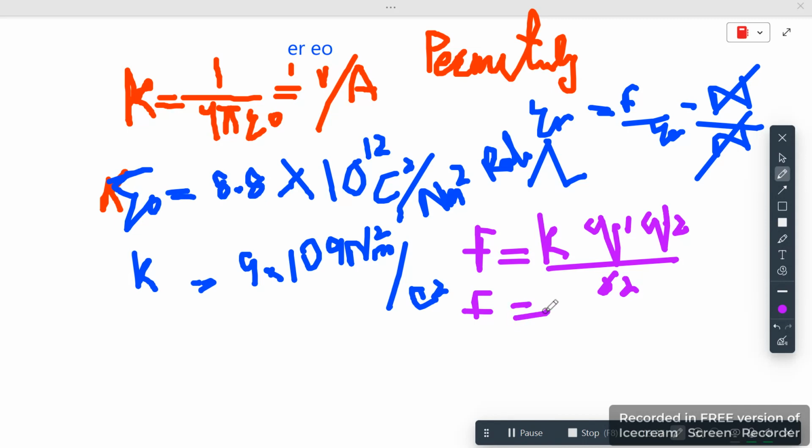So here the exact K value would be 1 upon 4 pi into electropermittivity ER. If we write ER, this simply means it doesn't have any unit.